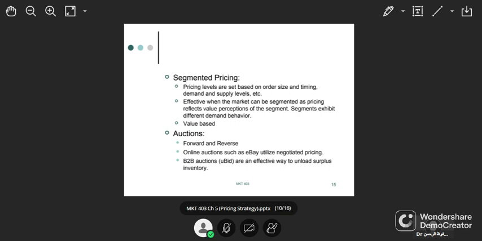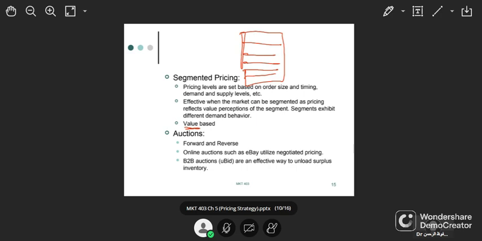Then comes segmented pricing. Now, segmented pricing is also known as value based pricing. It means the seller will create segments based on different criteria. It could be like, if you buy in bulk you get a discount. So segments, someone buying one piece, someone buying 10 pieces, someone buying 100 pieces.